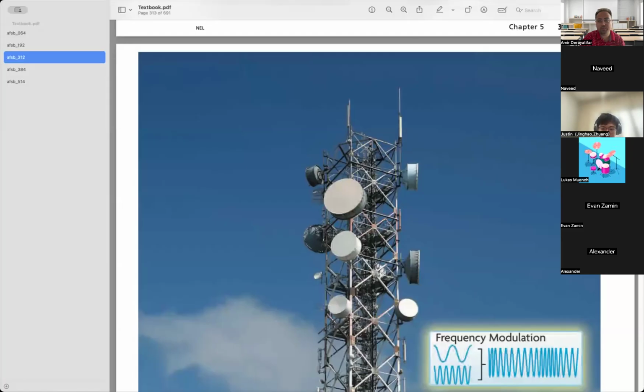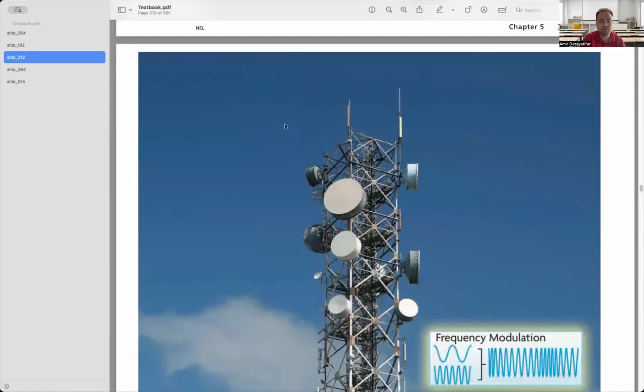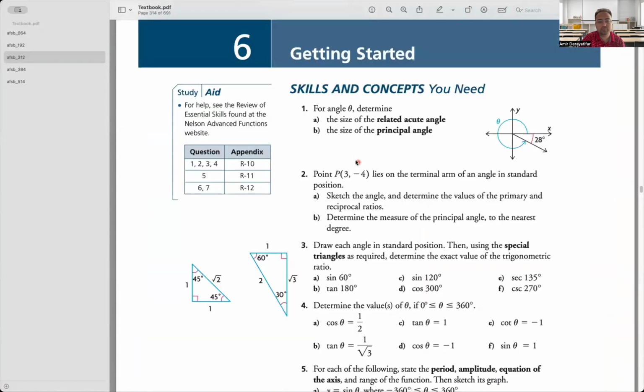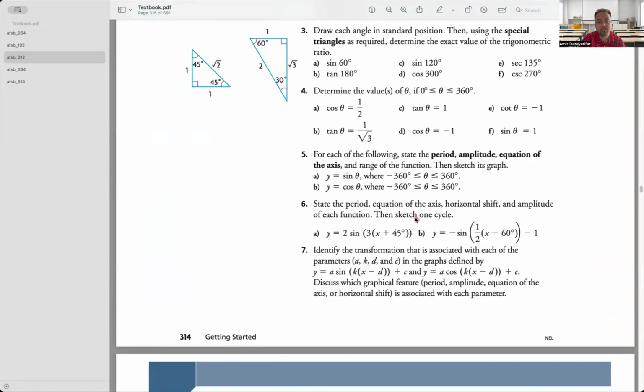What I would like you to do is to practice some of these questions. Sharing screen. So chapter 6, these are the review questions.